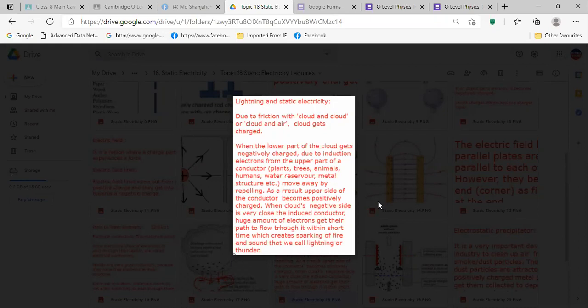As a result, the upper side of the conductor becomes positively charged. When the cloud's negative side is very close to the induced conductor, a huge amount of electrons get their path to flow through it within a short time, which creates sparking of fire and sound that we call lightning or thunder.